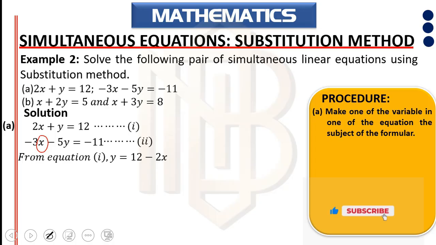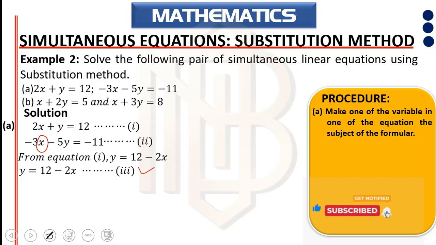Irrespective of what you choose, you will still get your answer, provided you are applying an acceptable procedure. So I choose y here in equation 1 because it's more convenient. Making y the subject of the formula, we have another equation which we tag equation 3. I believe you can see that. That's our equation 3.